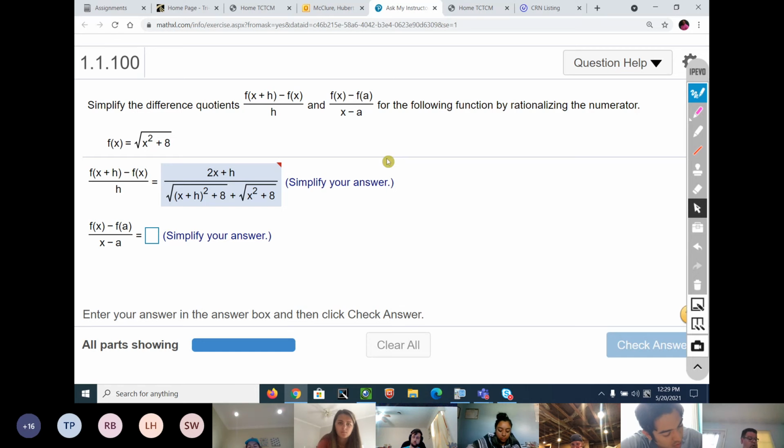And our example is f of x is equal to the square root of x squared plus 8.